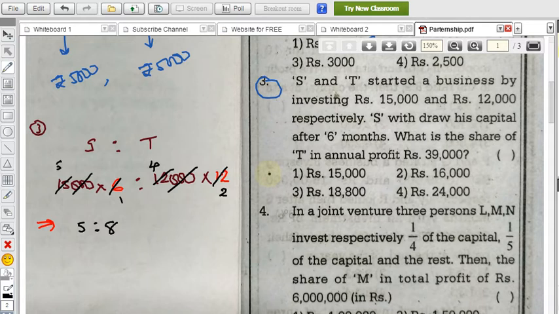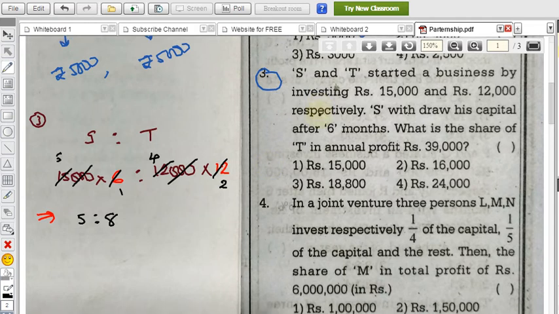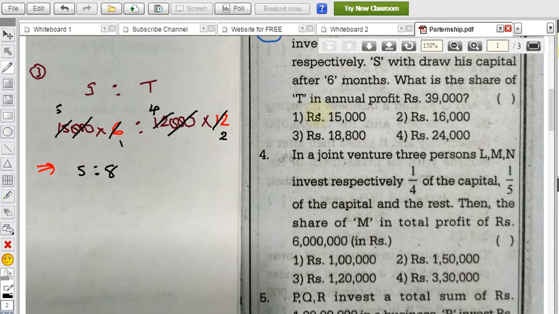Now the question is, what is the share of T in the annual profit of 39,000? If you want T's share, whoever's share we want, that number must be on top. T's ratio is 8 by the total ratio, which is 5 plus 8, into the profit of 39,000.